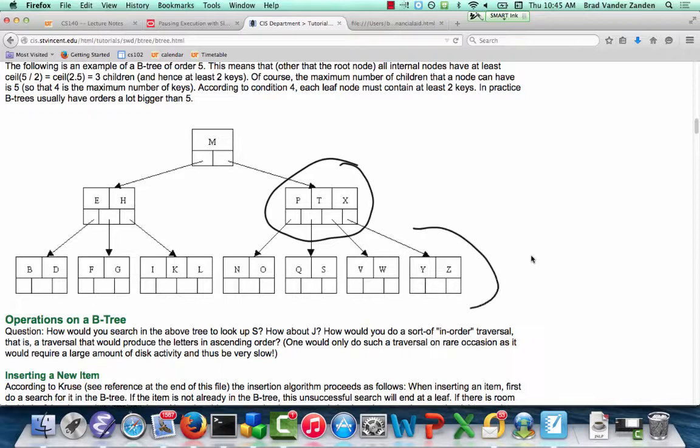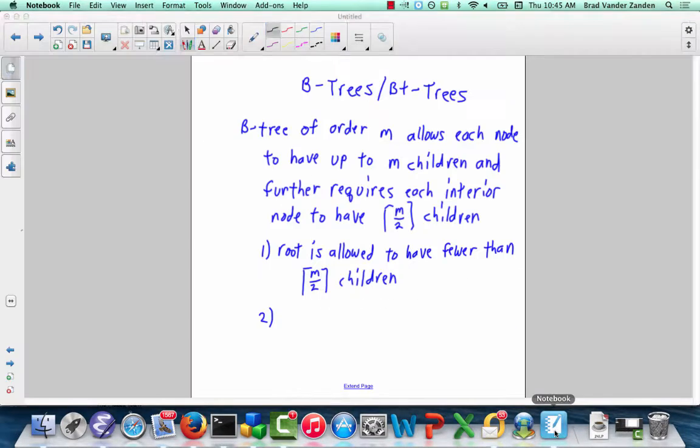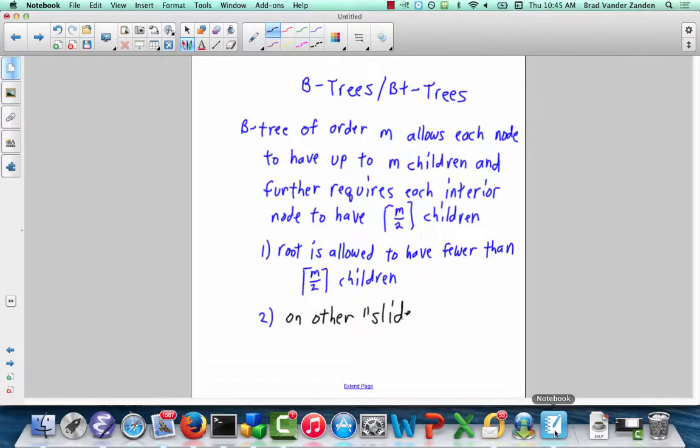All leaf nodes are at the bottom level. So that's another condition, condition 3: all leaves are at the same level.